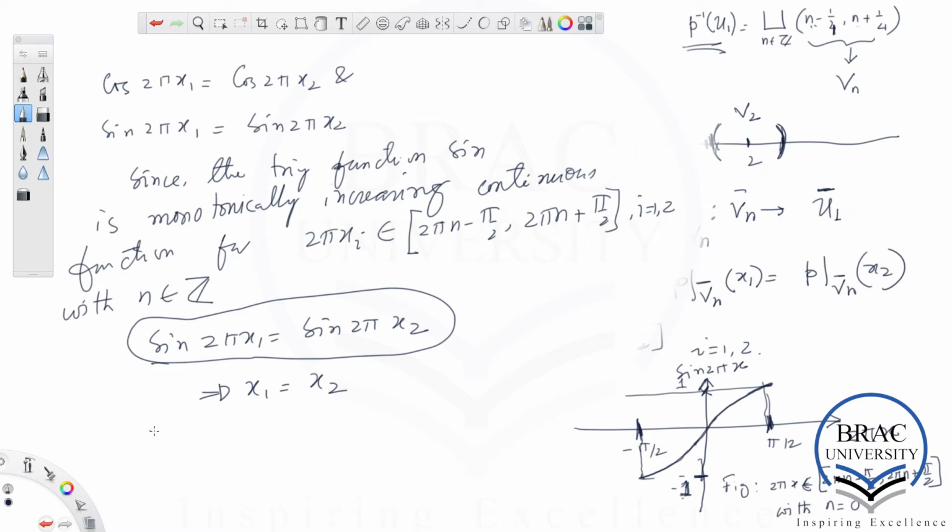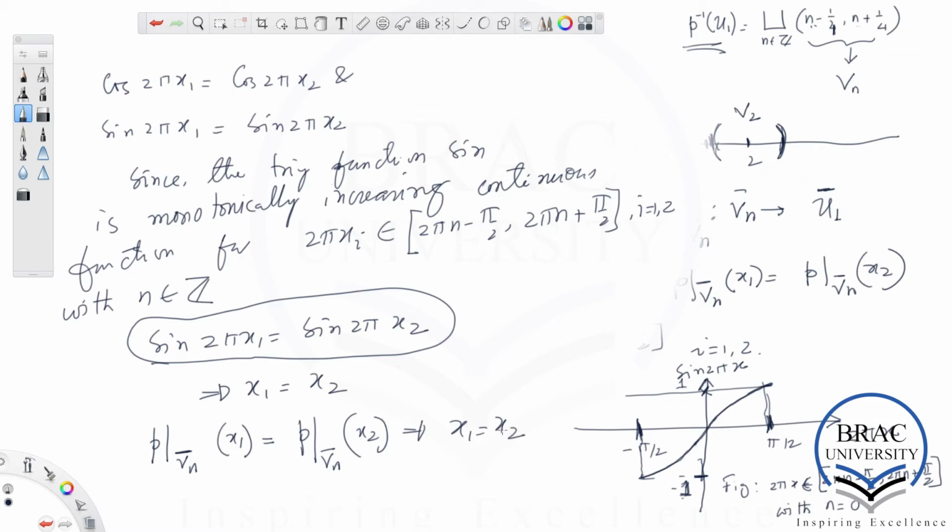Okay, so we have just verified that P restricted to the closure of Vn at x1 is equal to P restricted to the closure of Vn at x2 implies x1 is equal to x2.